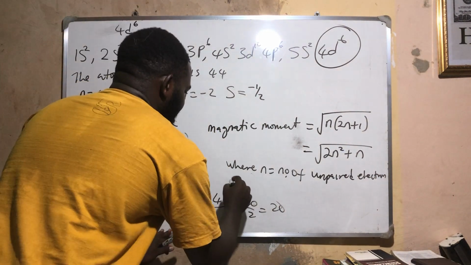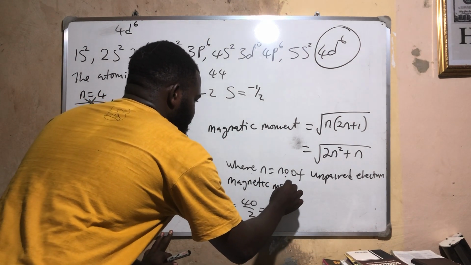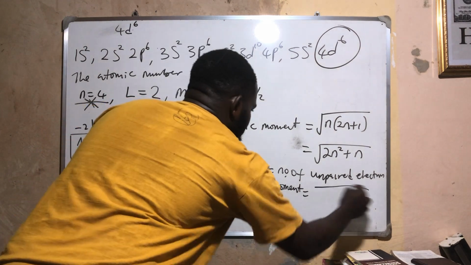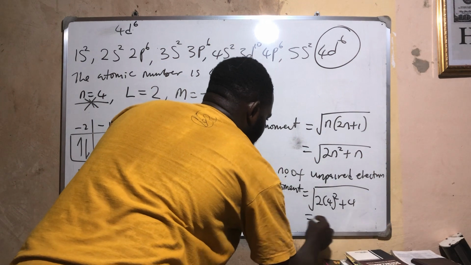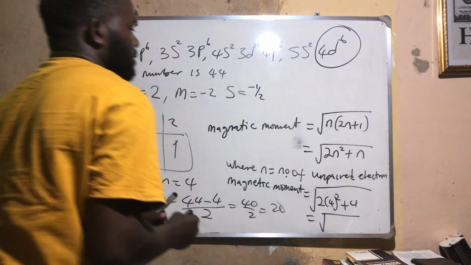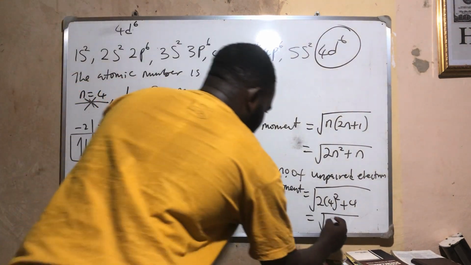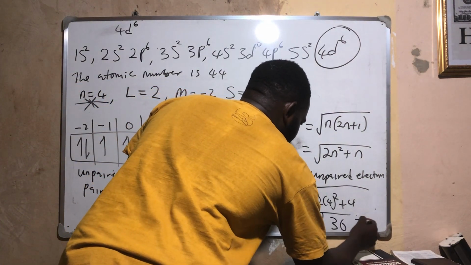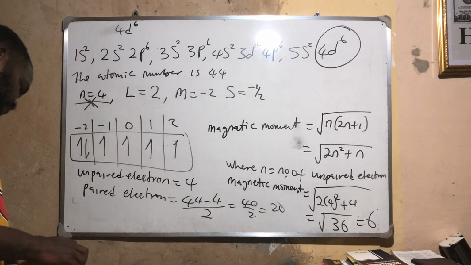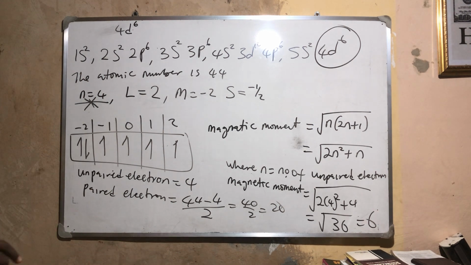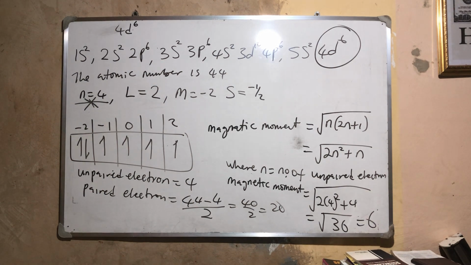So therefore, my magnetic moment is equal to the square root of 4 in bracket of 2 times 4 plus 4... that is, the square root of 2 times 4 squared plus 4. So we have 4 squared is 16, 16 times 2 is 32, 32 plus 4 will give you 36. And the square root of 36 is 6. So the magnetic moment there is 6 Bohr magnetons.